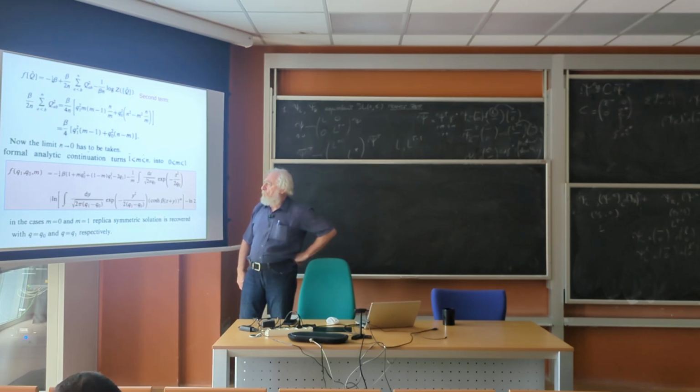Also, we can note that if we put m equal to 0 or m equal to 1, we will be back to the original replica symmetric solution with parameter q equal to q naught or q1.